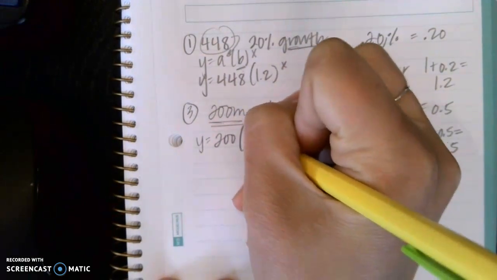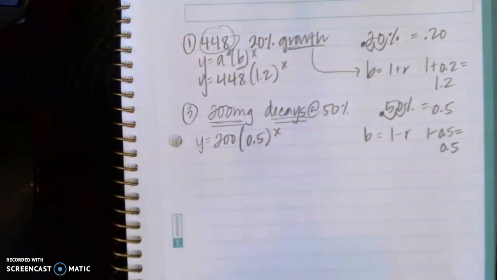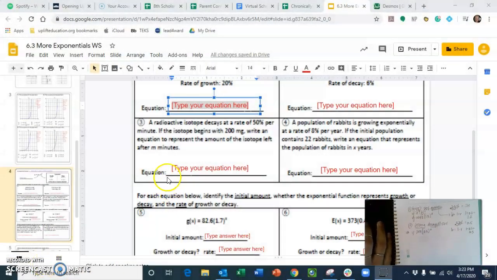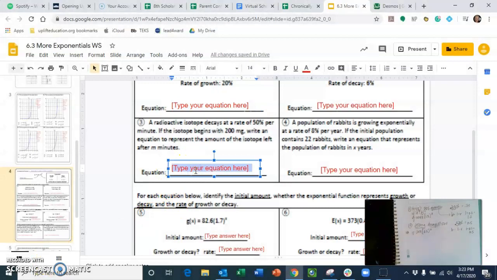That's going to go in my parentheses as my decay factor to the x. So again, I'll type in my equation, y equals 200, parentheses. You could do it several different ways. You could do 0.5, or you could do 1/2 to the x. Okay?